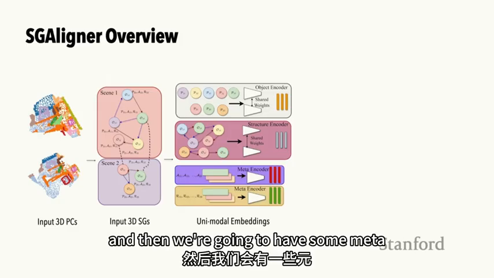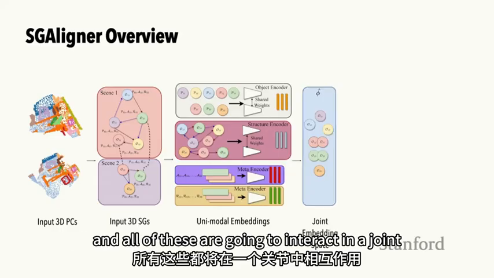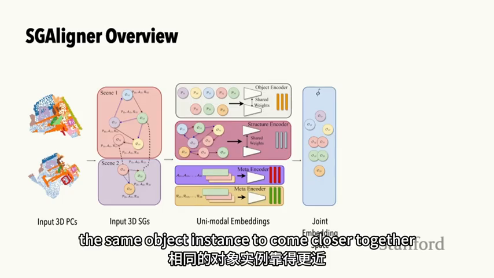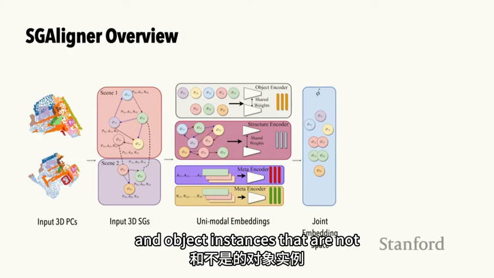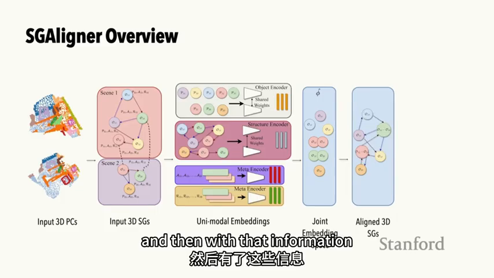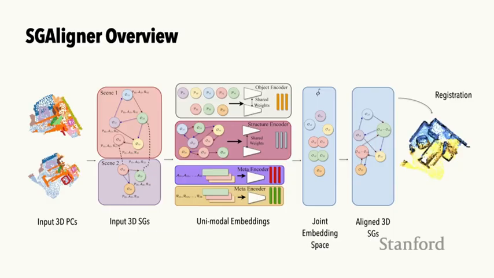And then we have some meta-encoders that encode attributes or relative relationships between objects. All of these interact in a joint embedding space, where we want the same object instance to come closer together and object instances that are not the same to be further apart. And then with that information, we can align the 3D scene graphs and be able to perform tasks such as point cloud registration.